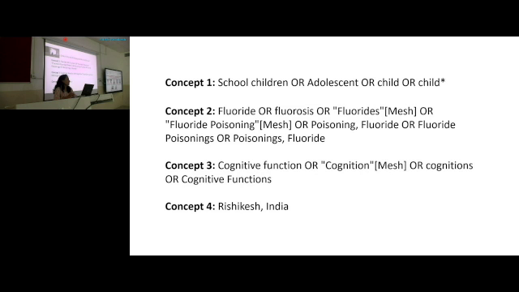If you add Rishikesh, then it will be more specific, and you may not get any study. So Uttarakhand, then if you are getting results, okay. If you are not getting that, add India. In this way you have to do.